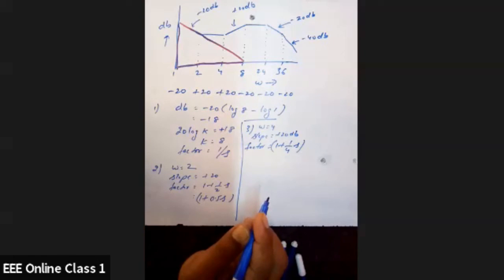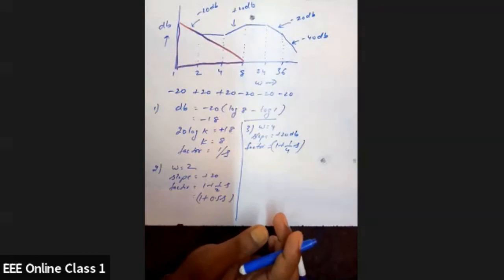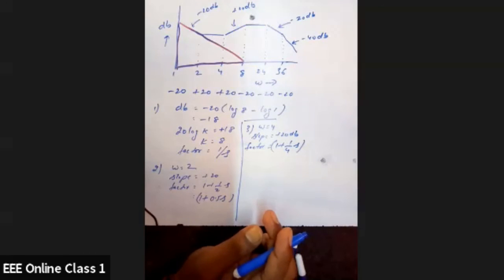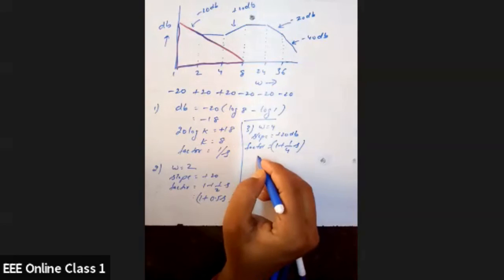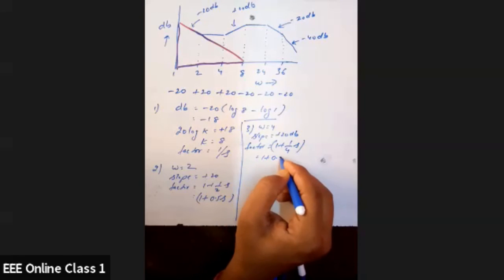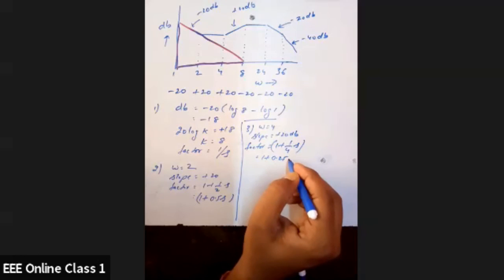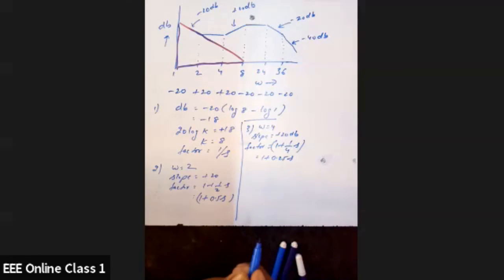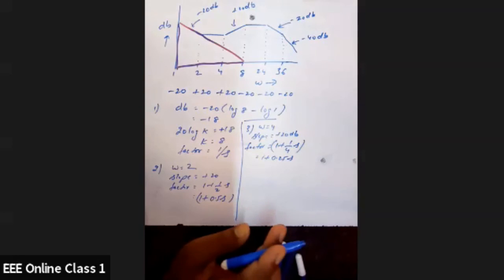This is 1 plus 0.25 s. So this is when omega equal to 4.